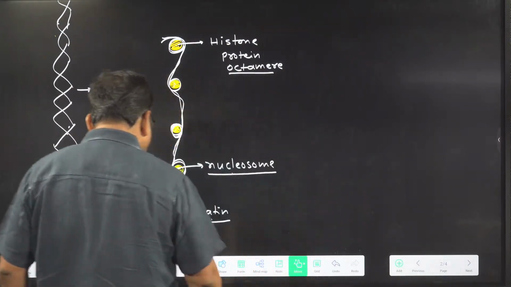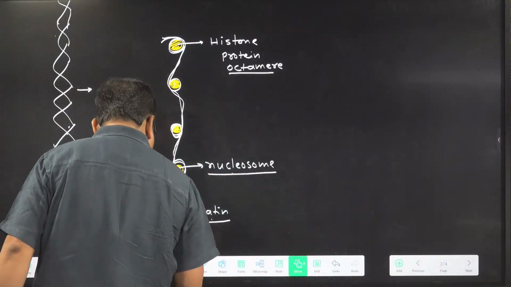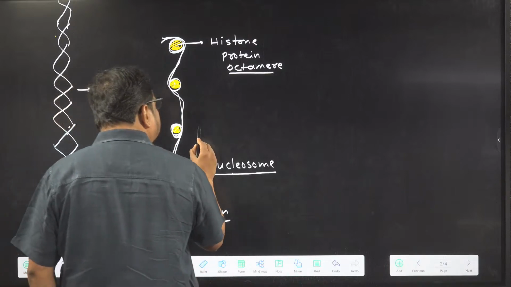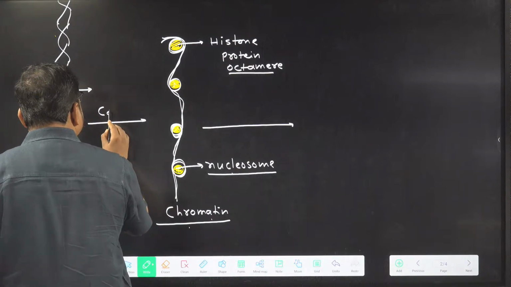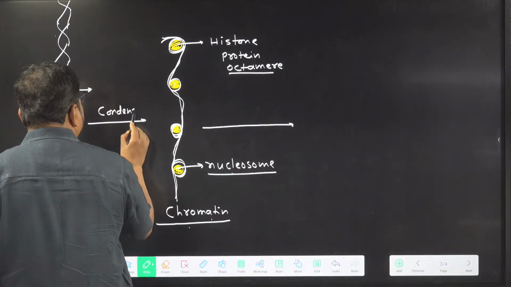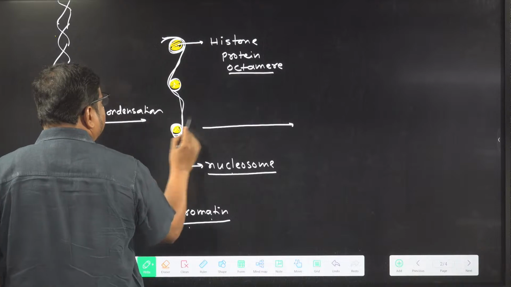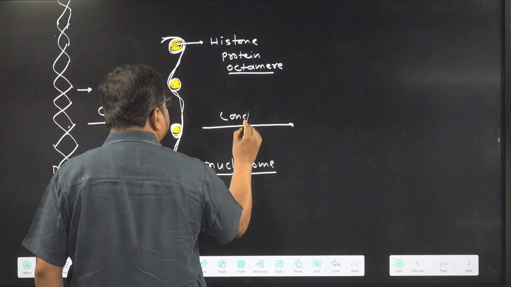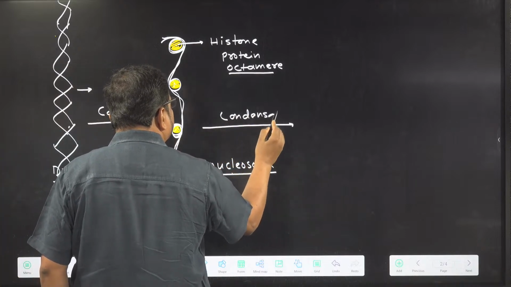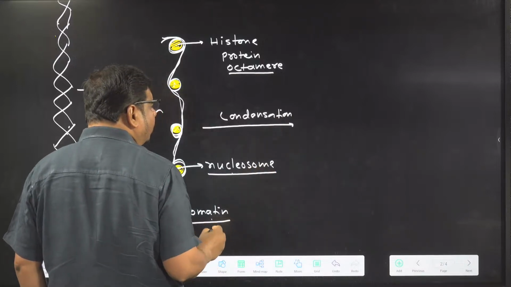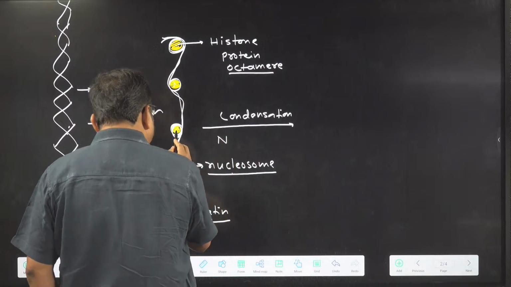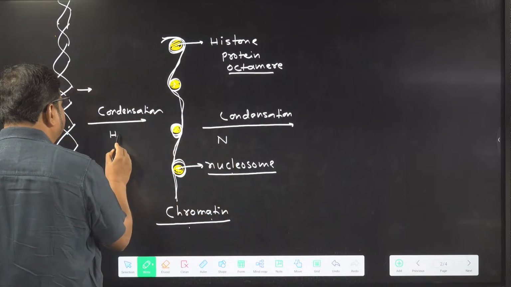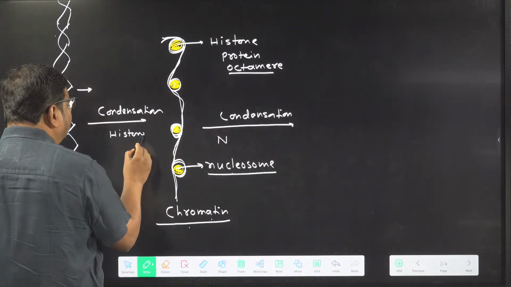Now have a look. Now this chromatin is undergoing further condensation. Here also condensation occurs, and here it is also going for further condensation. In this condensation, which protein is involved? Histone protein.